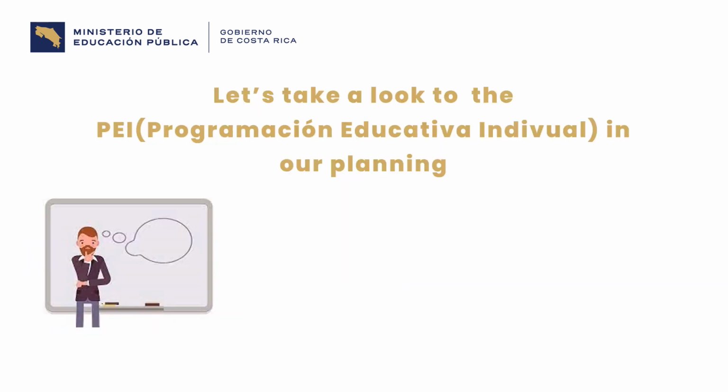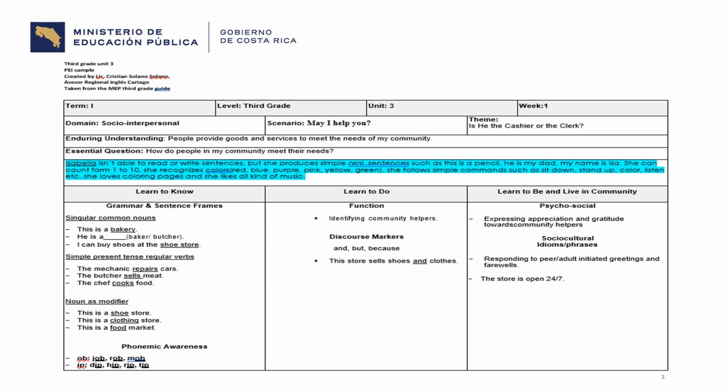Okay, now let's take a look at the PEI, Programación Educativa Individual, in our daily planning. As I mentioned before, we need to have certain information about Isabella that we got from the diagnostic test.